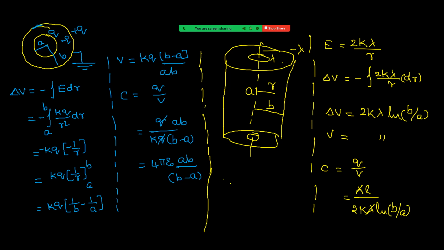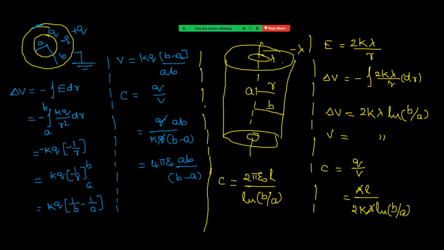See what is the value. In the place of k, 1 by 4 pi epsilon naught, the 2 gets cancelled here. It is 2 pi epsilon naught L upon ln B by A.